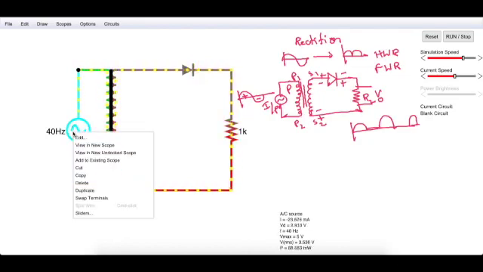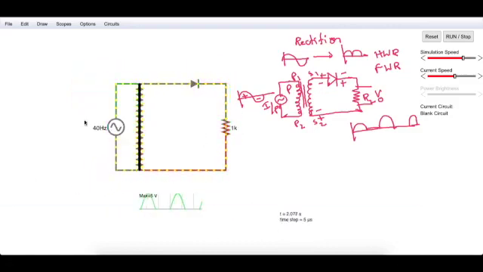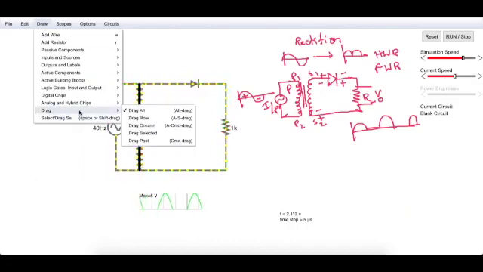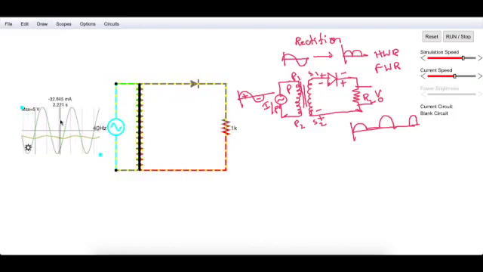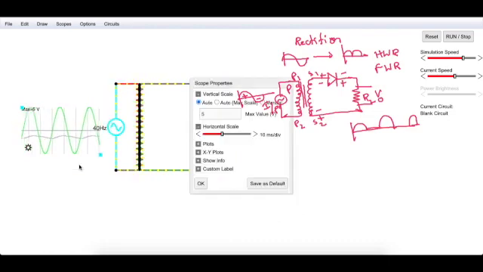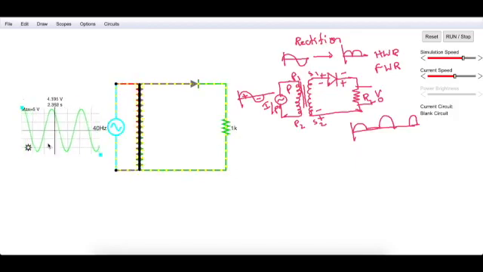So this is the input graph. Look at this graph showing the input voltage.